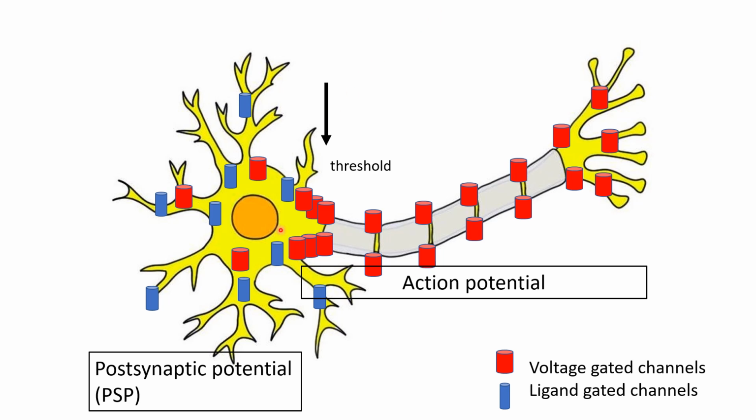Therefore, it's important to know that the generation of action potential does not take place at the site of stimulation anywhere here, but actually on the axon hillock because of the highest percentage of voltage-gated channels, and therefore it has the lowest threshold to reach action potential.